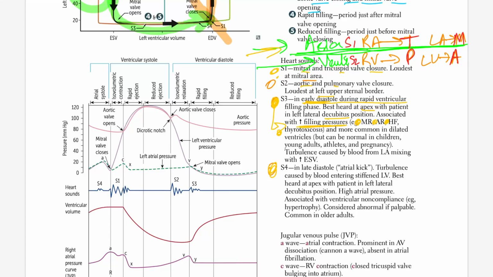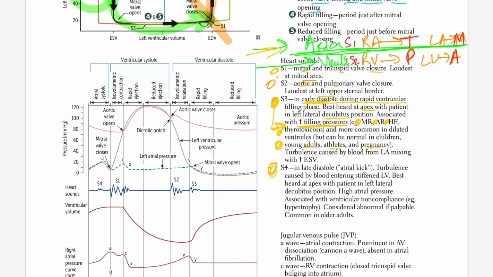High yield again. So pathological factors and physiological factors are young children, athlete, pregnancy, high yield points. S3 is found in pathology, which pathology? MR, AR, HF, thyrotoxicosis. And physiologically, you're looking at young adults, athlete, pregnancy.